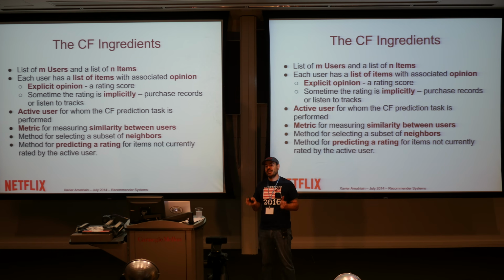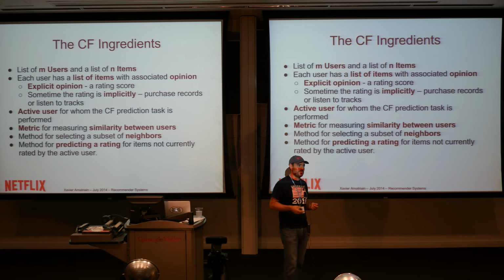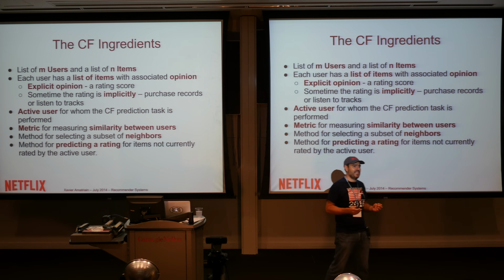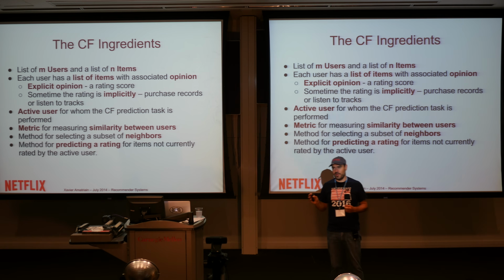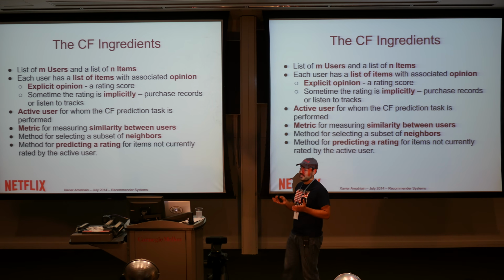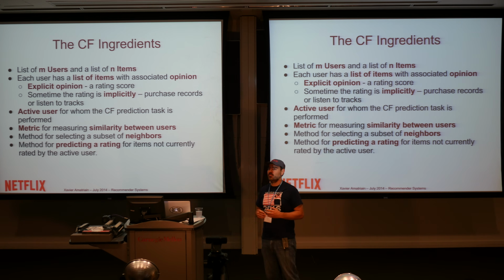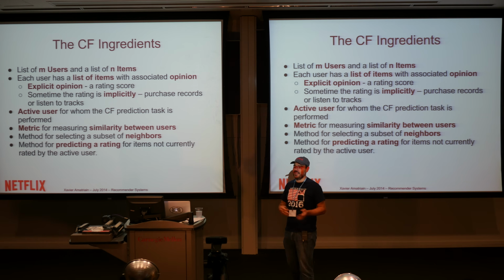But again, if I had to choose between explicit and implicit, and this is going to sound weird because some of you, if you remember the Netflix prize, and I'll talk about it, it was based around ratings, which is explicit opinion, I would say you're usually much better off going with implicit than explicit.